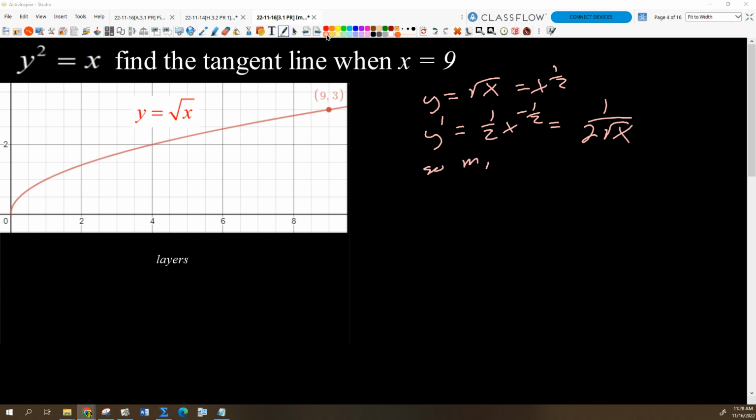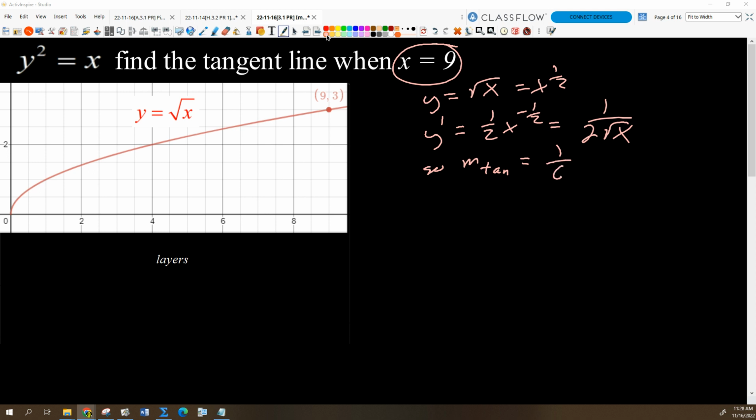So what's the slope of my tangent line then when x is 9? Right? 1/6, right? That's good, isn't it? 1 over 2 times the square root of 9, it's 1 over 2 times 3, so 1/6.